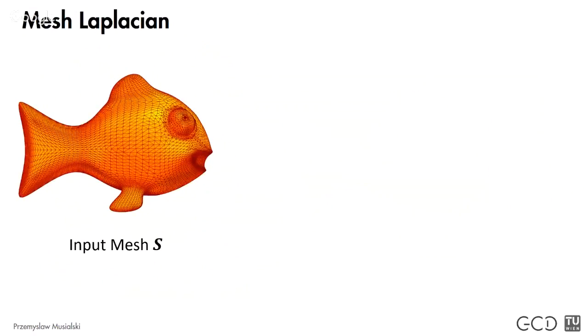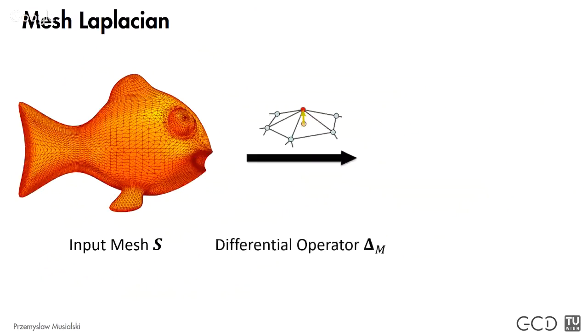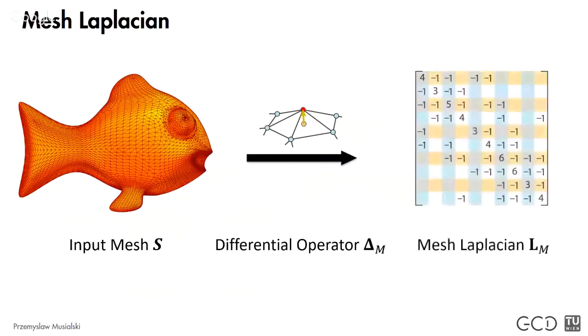So how to obtain those manifold harmonics? We know that we have an input mesh, which is a polygonal mesh, and we can apply a discrete differential operator, the Laplacian operator, and construct the so-called Laplacian matrix of the mesh.